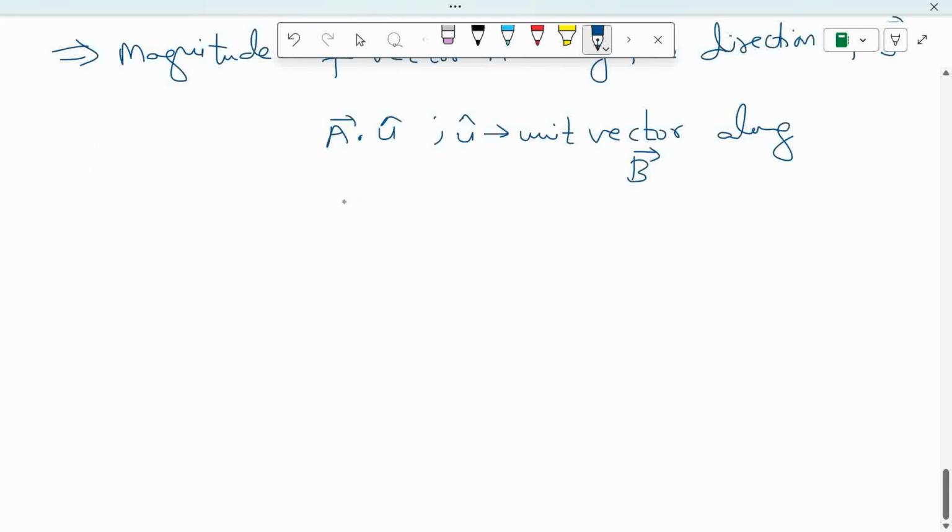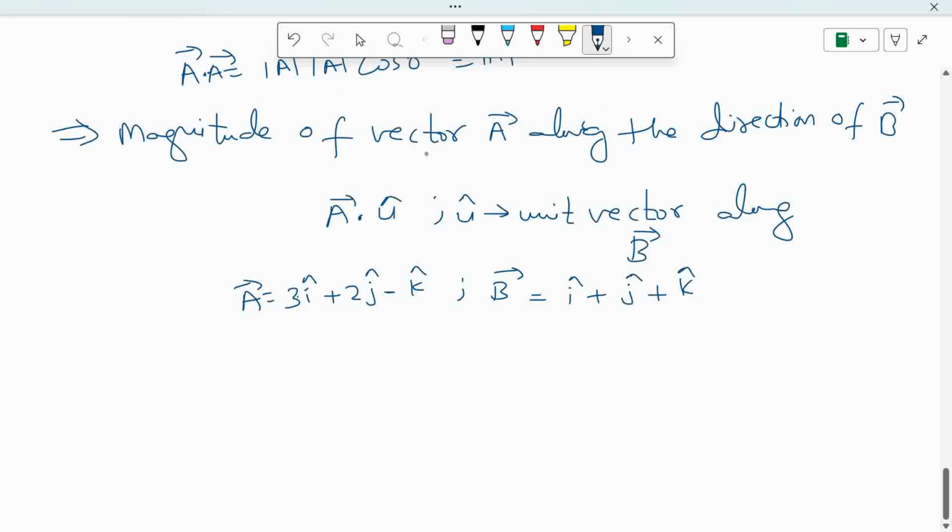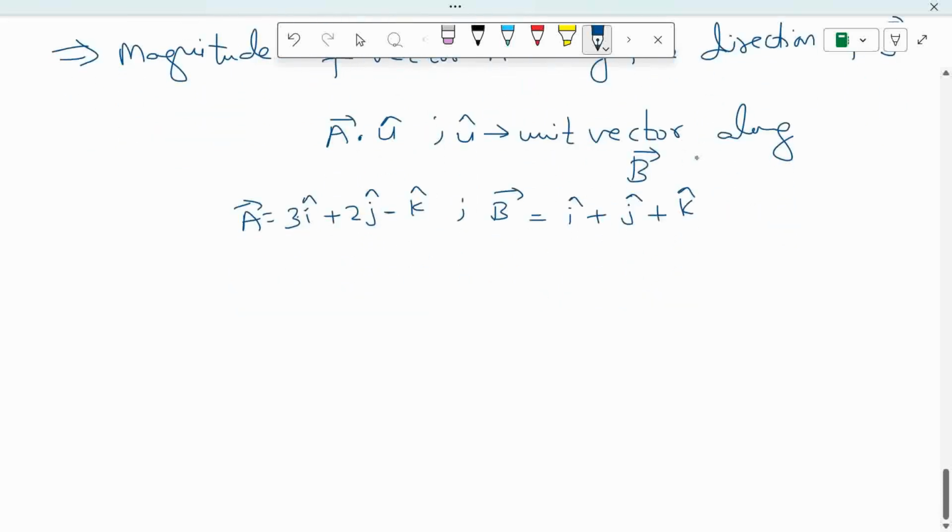Let's say that there is a vector A bar which is i cap plus 2j cap minus k cap, and we have a vector B bar which is i cap plus j cap plus k cap. Now we have to find the magnitude of vector A along the direction of B bar.